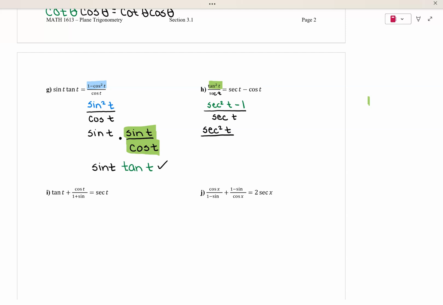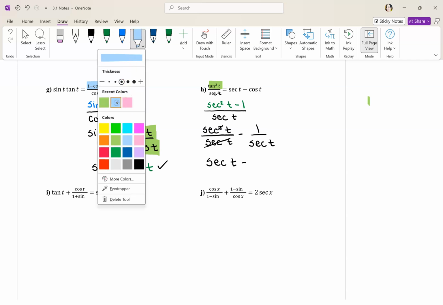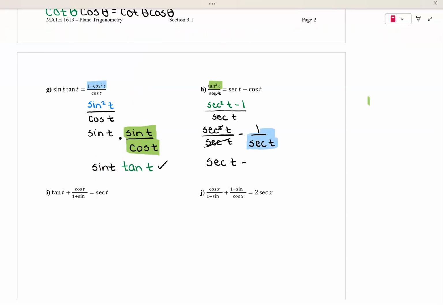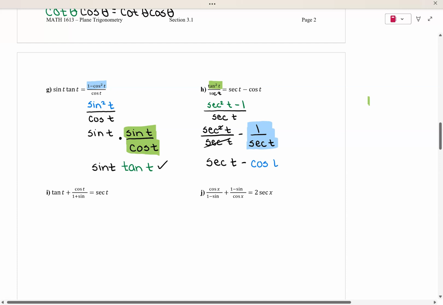So secant squared of t over secant of t minus 1 over secant of t. So here, secant will cancel. So we're left with 1. And then minus 1 over secant of t is cosine. And so therefore, we got our right-hand side.